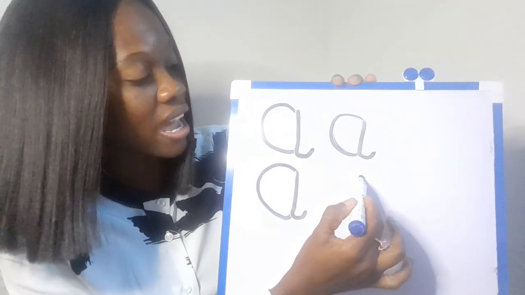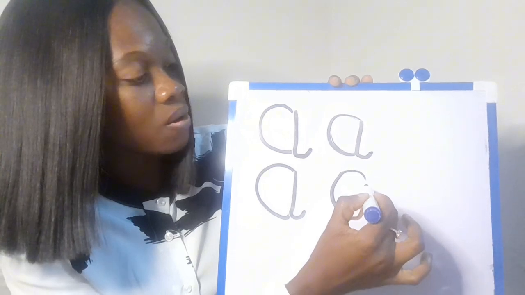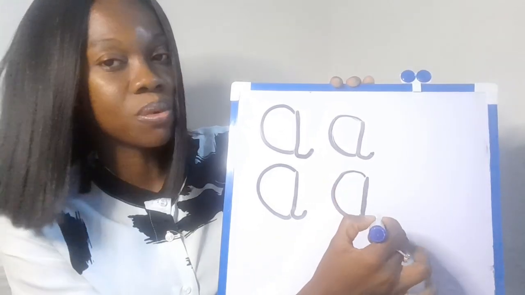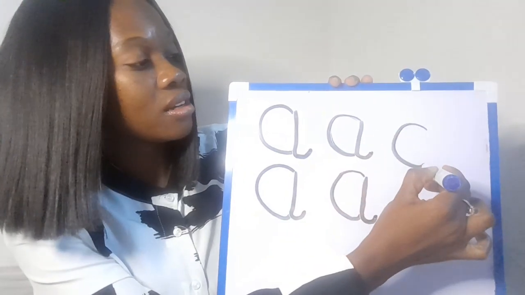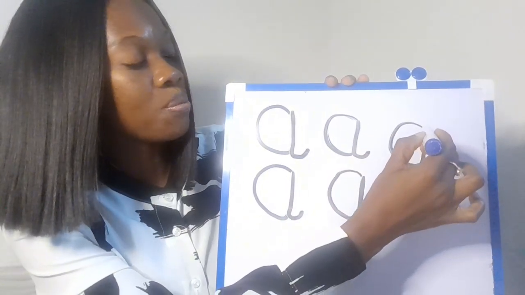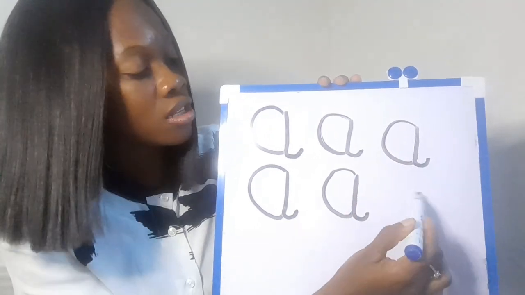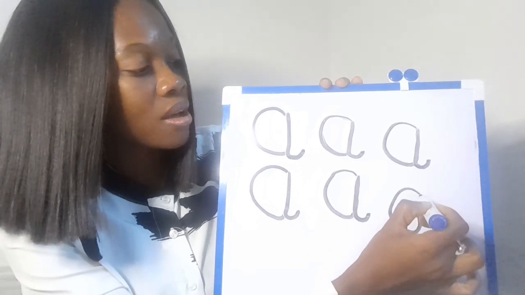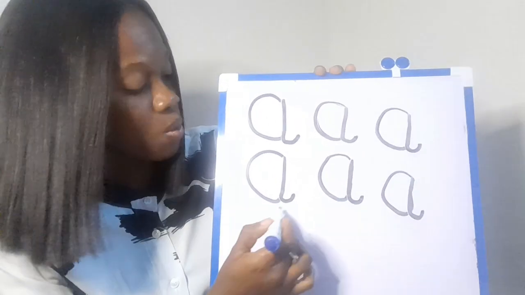So let's go again. A back curve. Go up, close it up, down the same line, and make a loop. Beautiful. Let's go again. Back curve. Go up, down the same line, and make a loop. Amazing. Let's go one more time.